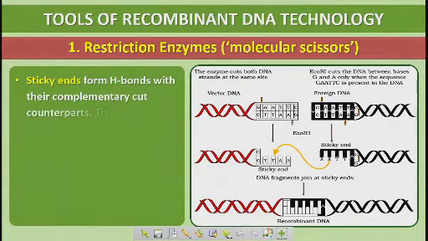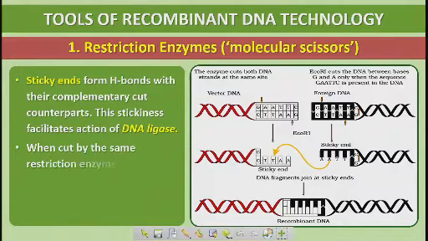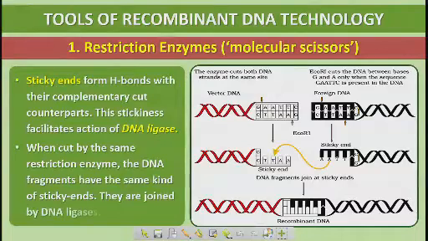Sticky ends form hydrogen bonds with their complementary cut counterpart. This stickiness facilitates action of DNA ligase. The DNA ligase is an enzyme which is used to ligate the two strands of the DNA.